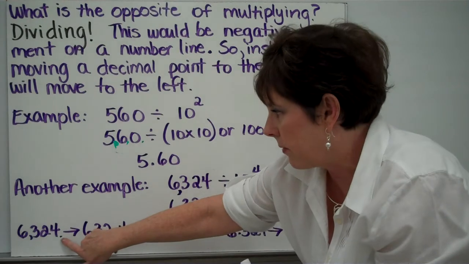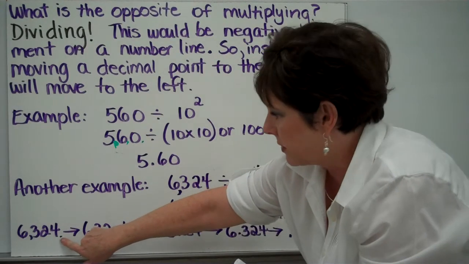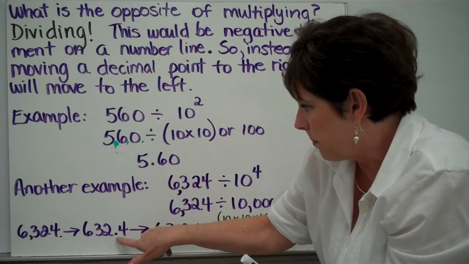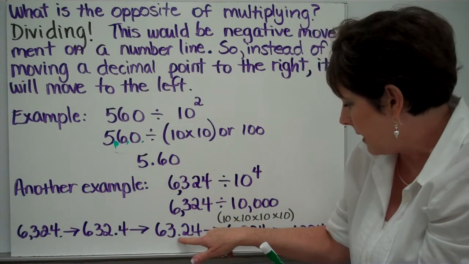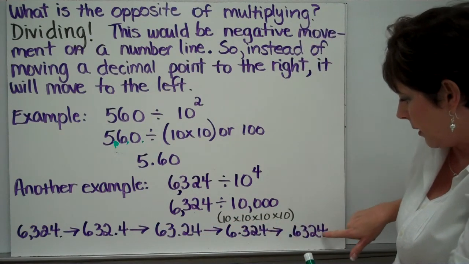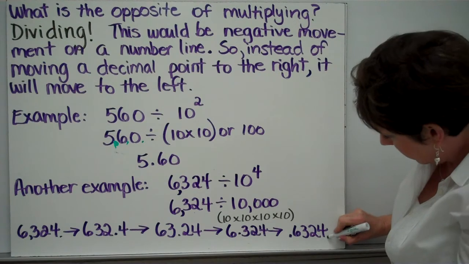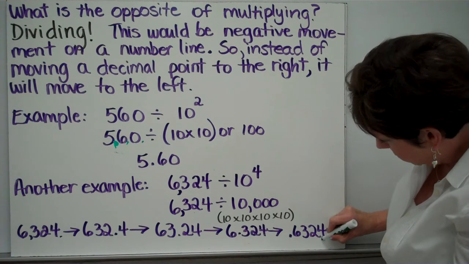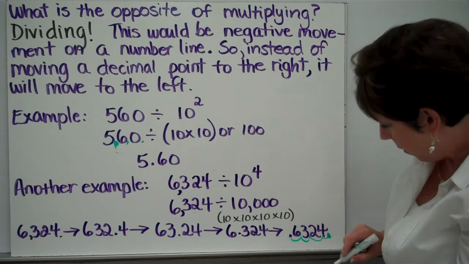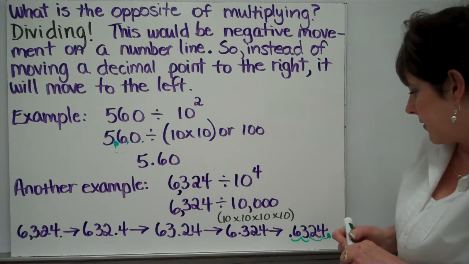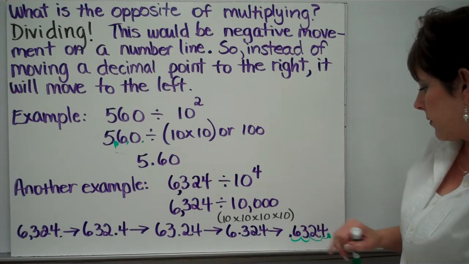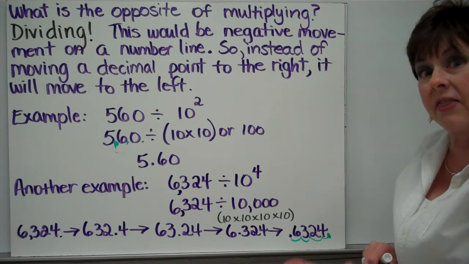Remember the unspoken decimal point in whole numbers, it's here. We move it over 1 place, 2 places, 3 places, and here we've moved it over 4. It used to be here. Now it's 1, 2, 3, 4. And this gives us 6,324 10,000ths.